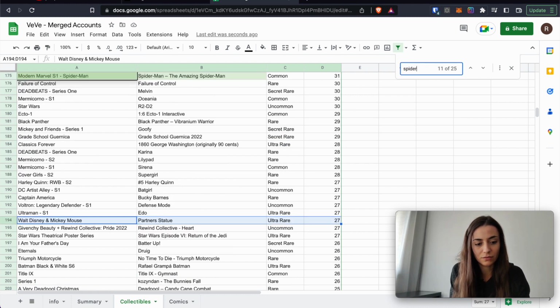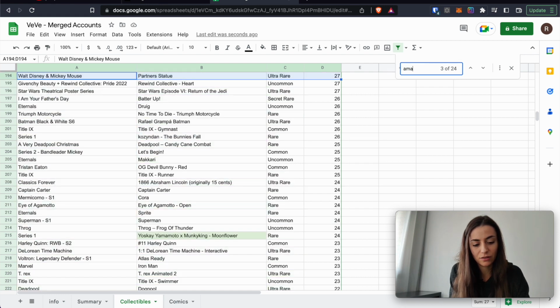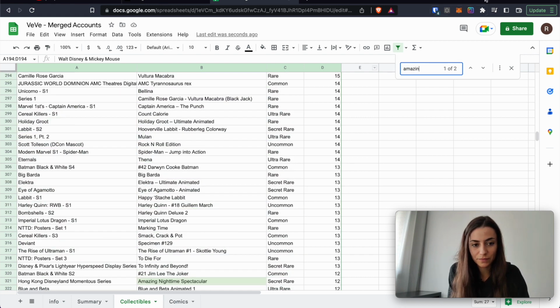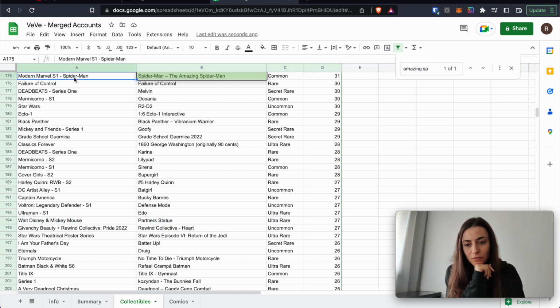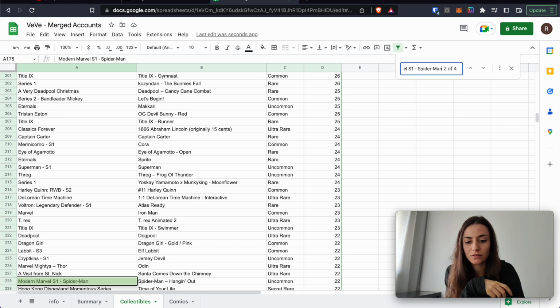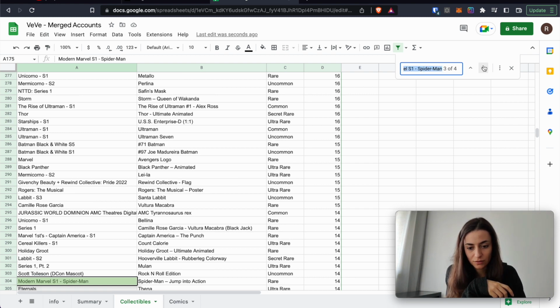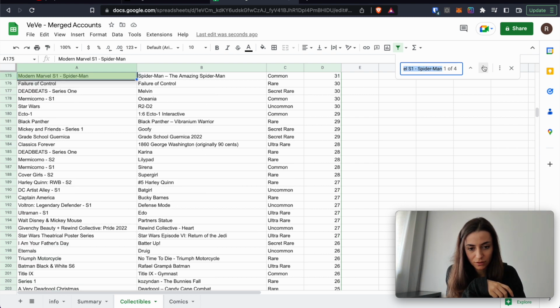Yeah, what else? So we have Spider-Man, but the Amazing Spider-Man, I think, was the first one. And this is the common. How do we get Modern Marvel? Let's do it like that. Uncommon, the rare, ultra rare. None of the secret rares.